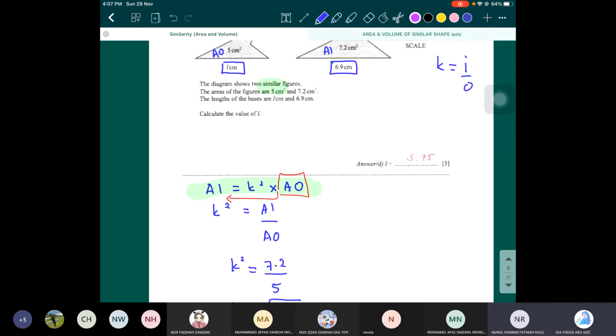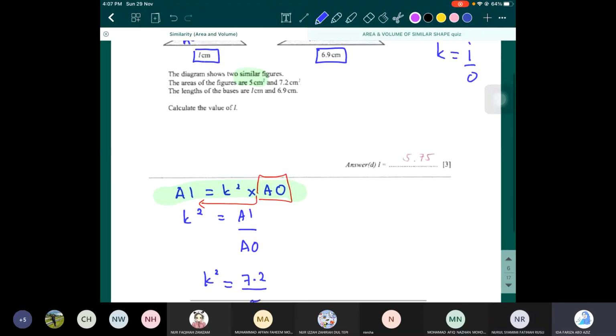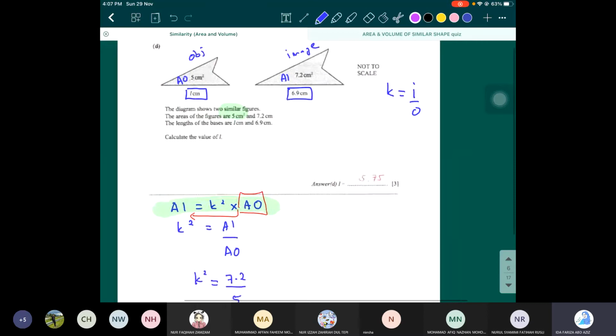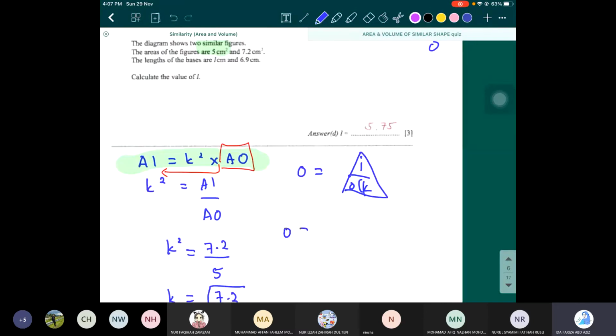Length. Bila length, kita akan pakai pyramid. Object. Kita nak tahu object. So, object is image over K.